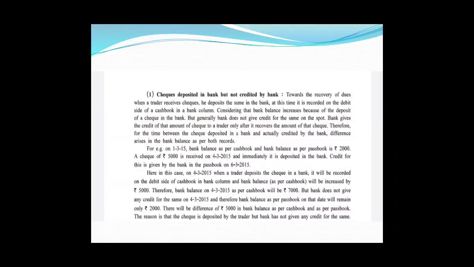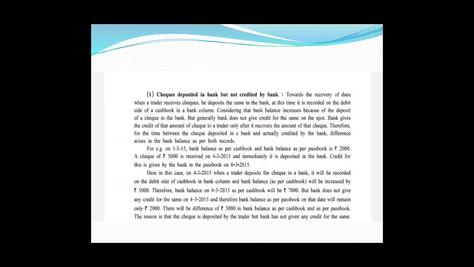Towards the recovery of dues, when a trader receives a check, he deposits the same in the bank. At this time, it is recorded on the debit side of the cash book in the bank column, considering that the bank balance increases because of the deposit of the check. But generally the bank does not give credit for the same on the spot.